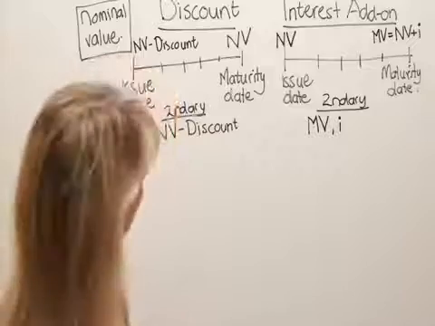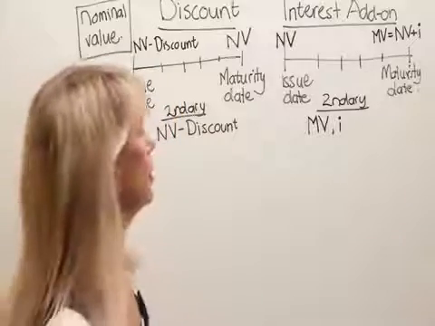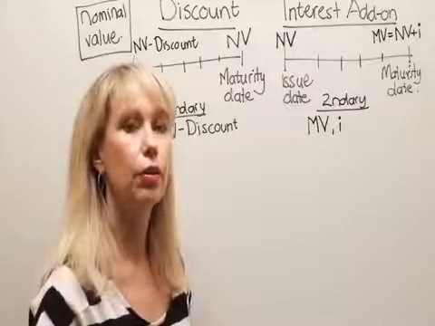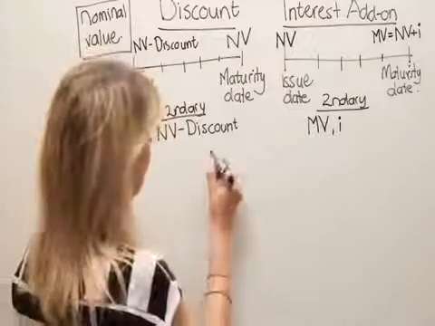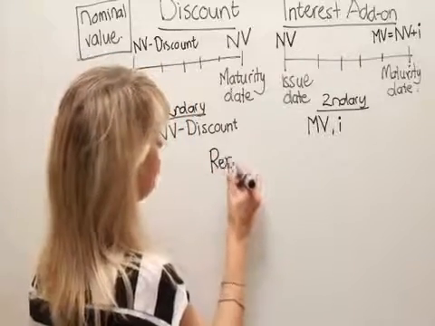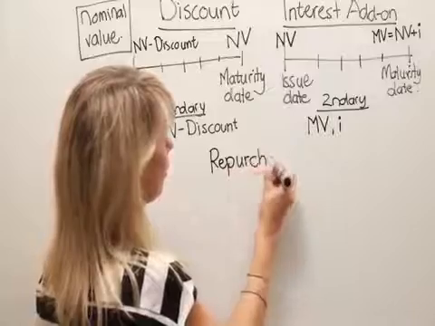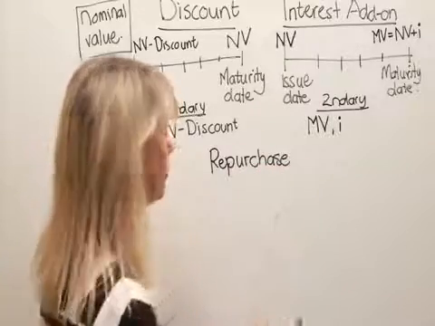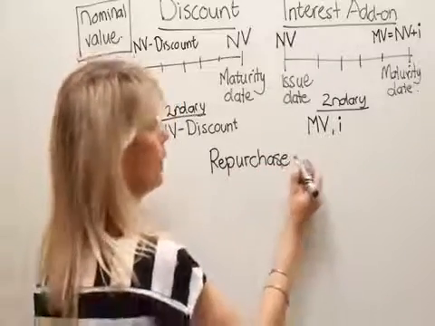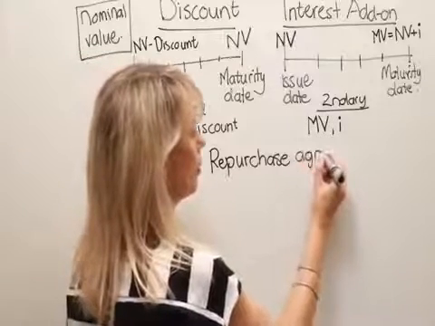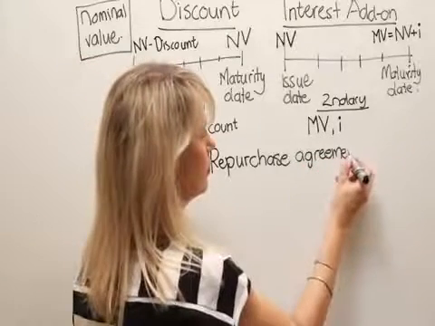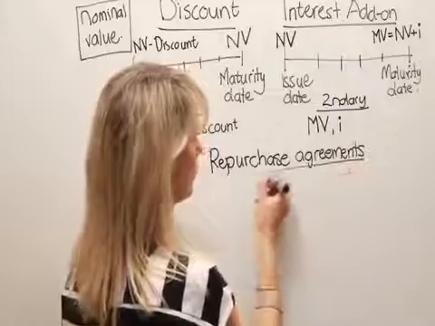Then the third type of instrument that we do concerning money market instruments is an instrument that is mostly used by banks when they have a deficit to finance, and we call that repurchase agreements.